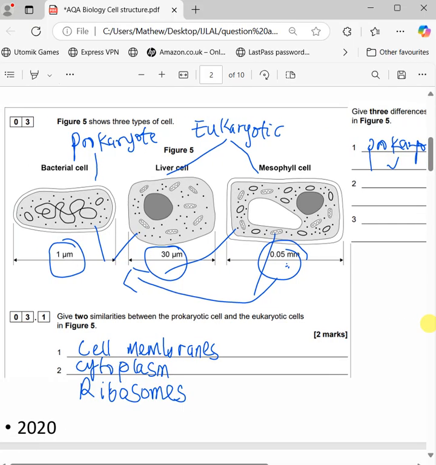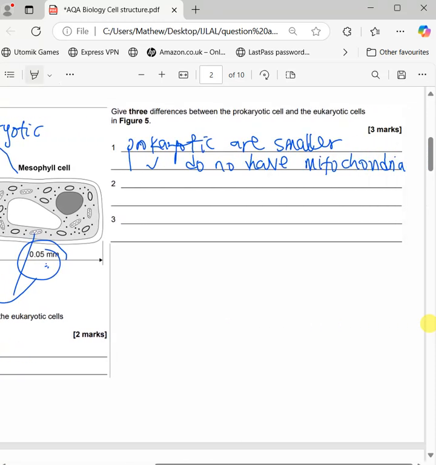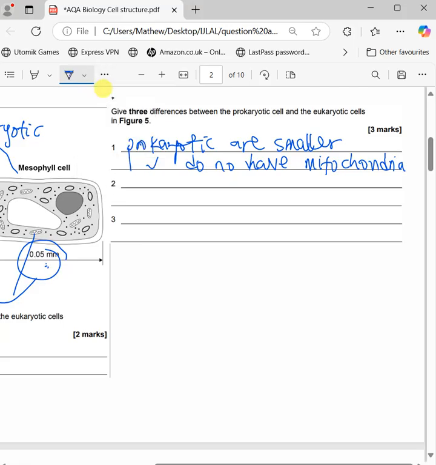They do not have a nucleus. So, sorry, no nucleus in prokaryotic cell, only a loop of DNA. That's it.